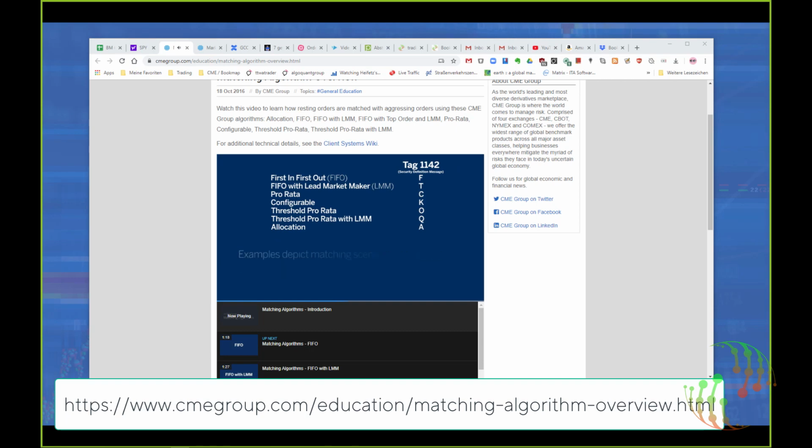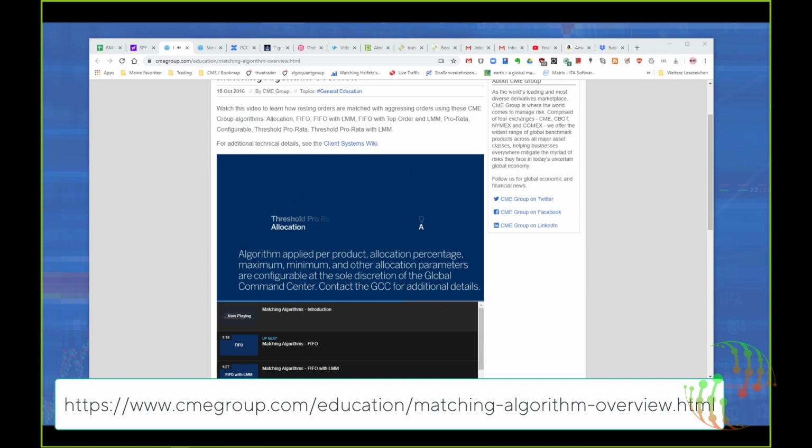platform. Each example depicts a matching scenario using the pricing convention for the given product. The algorithm applied per product, allocation percentage, maximum, minimum, and all other allocation parameters are configurable at the sole discretion of the Global Command Center. Contact the GCC for additional details.